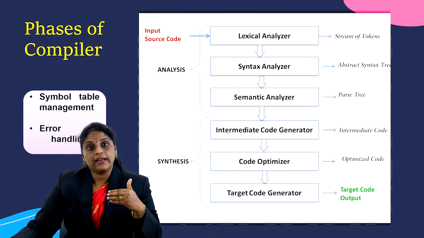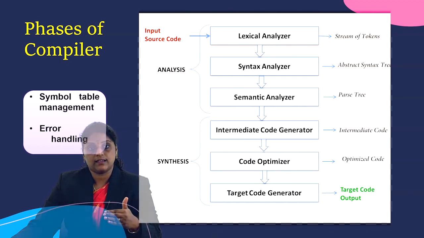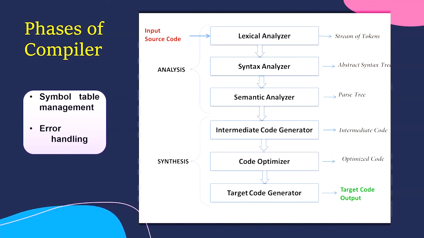So that compilation process is categorized into 6 phases like lexical analysis, syntax analysis, semantic analysis, intermediate code generation, code optimization, and finally code generation. All of the aforementioned phases involve the following tasks, that is symbol table management and error handling.